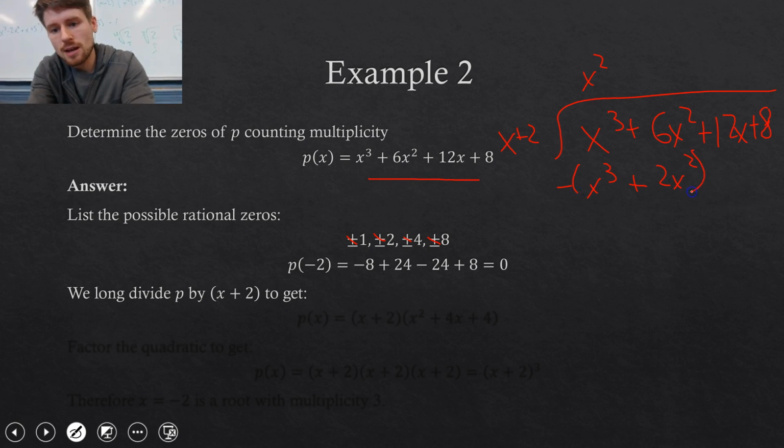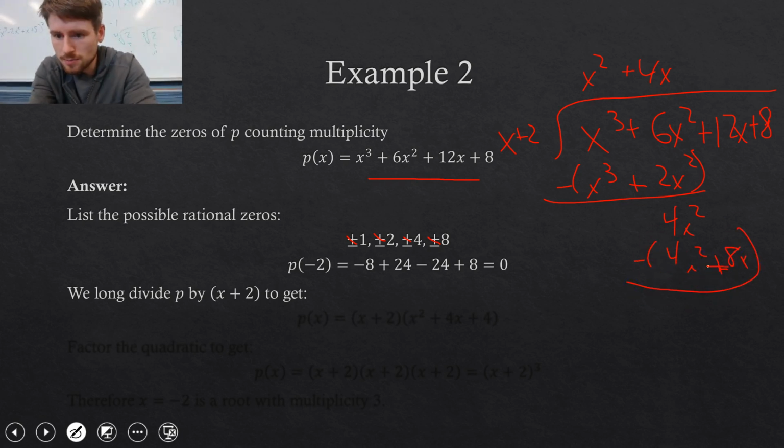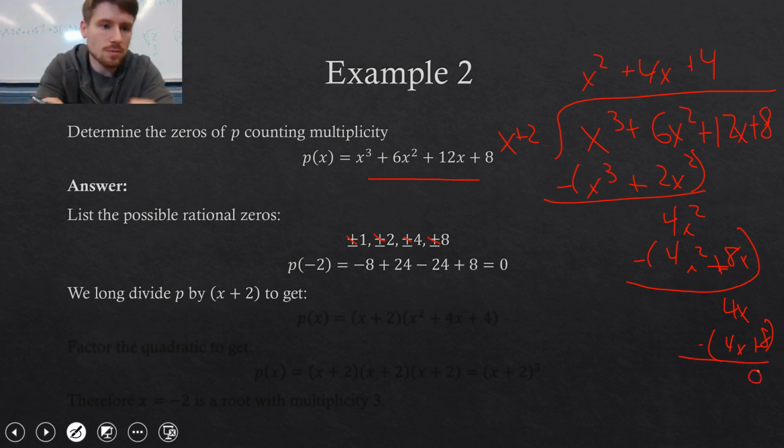Take that away. 6x squared minus 2x squared is 4x squared. x goes into that 4x times, 4x times x plus 2 is 4x squared plus 8x. Subtract that off. 12x minus 8x is 4x. x goes into 4x plus 4 times, 4x plus 8. Remainder 0. Excellent. That's what we want.